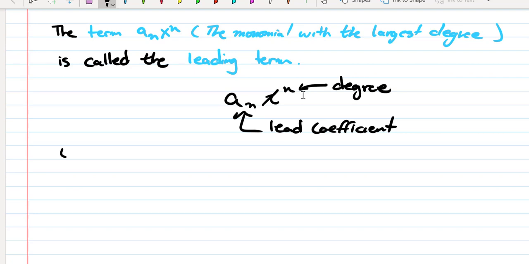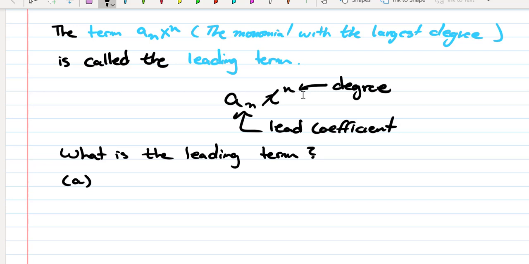So if I were to ask the following question, what is the leading term if I have f of x is equal to 6x squared plus 17x to the fifth minus 2x plus 1?